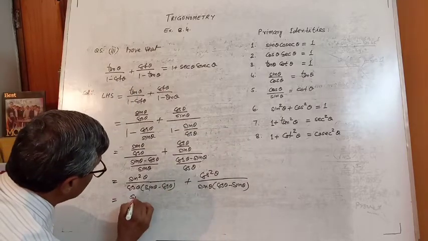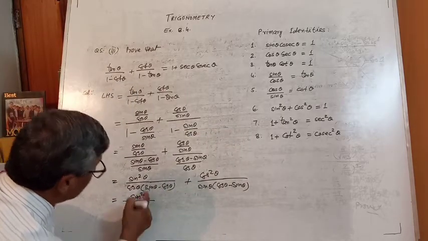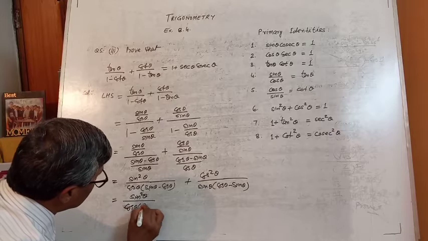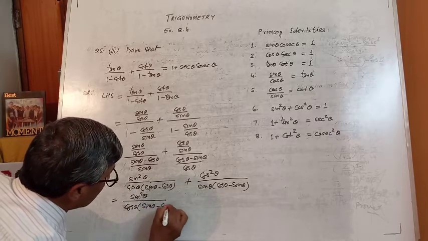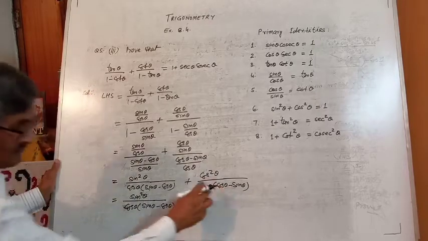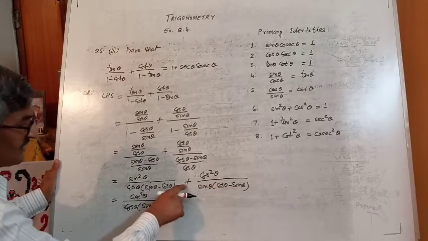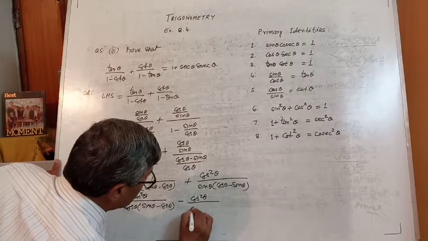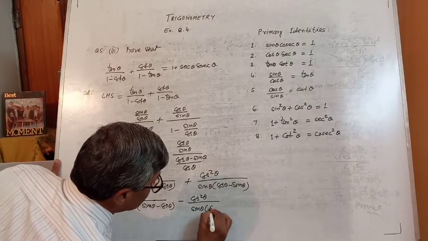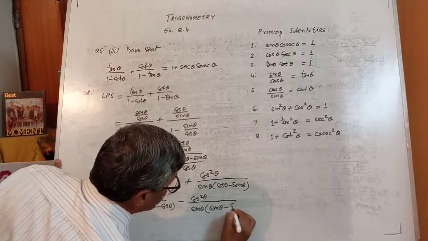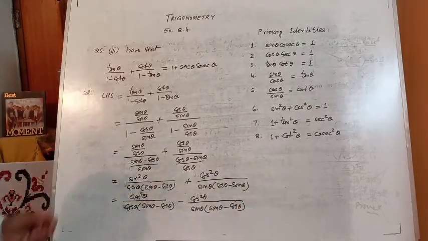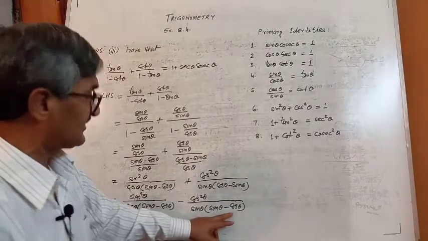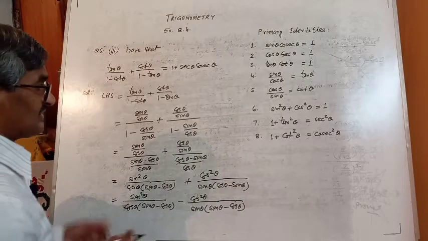So we can write here sin square theta divided by sin theta cos theta, sin theta minus cos theta, minus cos square theta upon sin theta as it is, and this will become sin theta minus cos theta. Now you can take LCM because these two brackets are same. So LCM will be easy here.